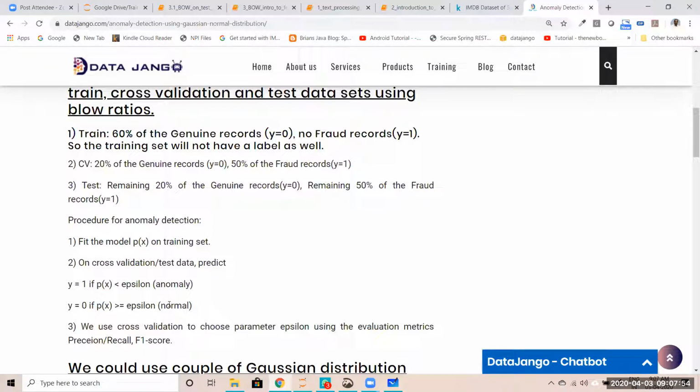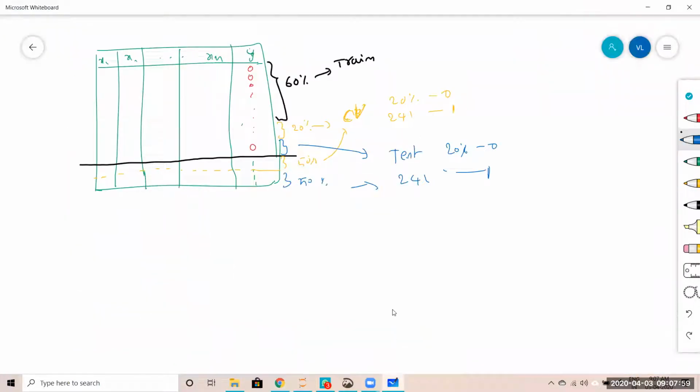And once after finding the epsilon, that's what the probability is. So let me explain that here. What we will do is, for each record, let me take another color.